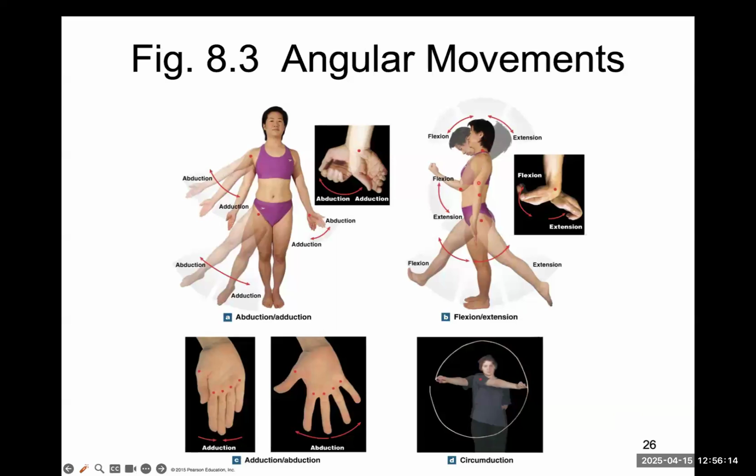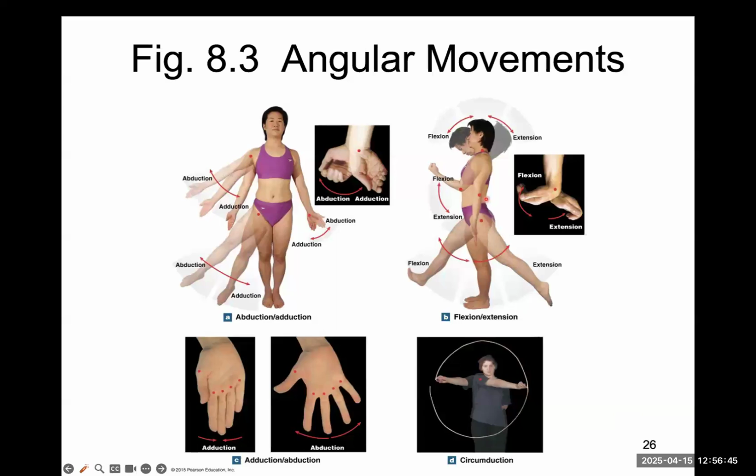With your neck, if you look down, that's flexion, and if you look up, that's extension. And then if you look way back like this, that's hyperextension. So this is flexion, that's extension, and going back past that 180-degree point, that's hyperextension. You can do that with your spine as well, and with your legs.